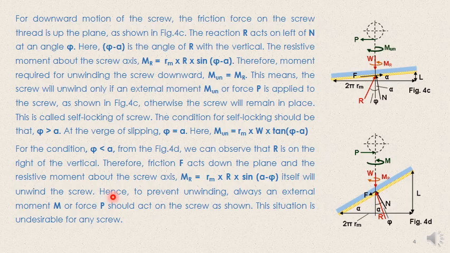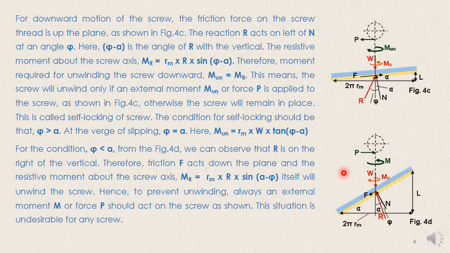Hence, to prevent unwinding, an external moment M or P should always act on the screw as shown. That means you always have to give a moment, otherwise the screw will automatically fall. So this situation is undesirable for any screw, because after tightening it won't stay in position, it will automatically come down.